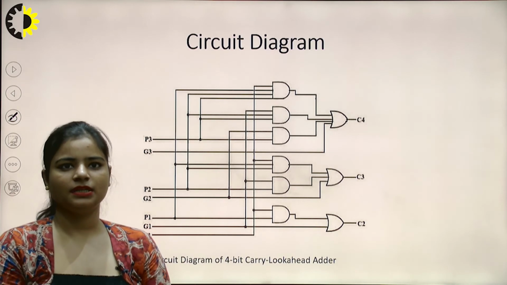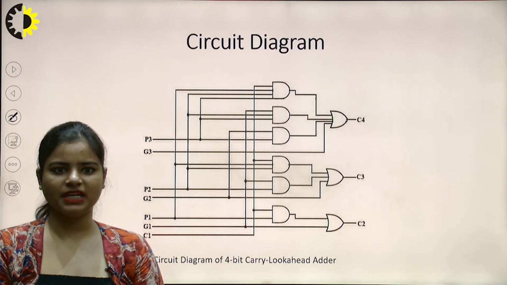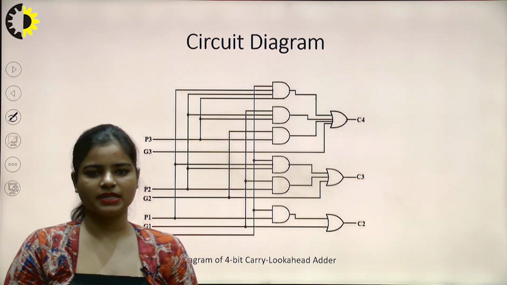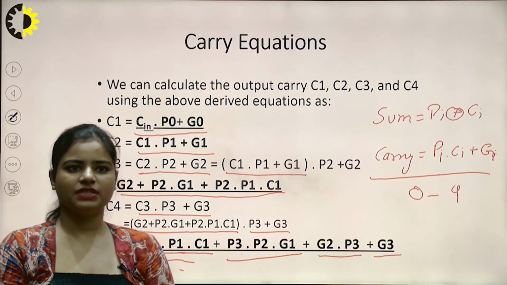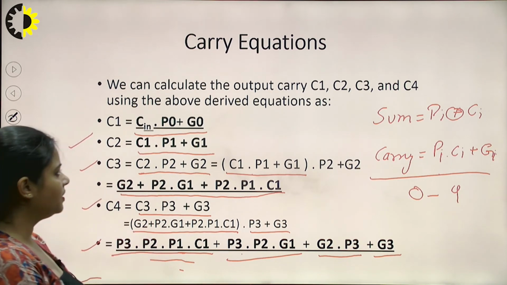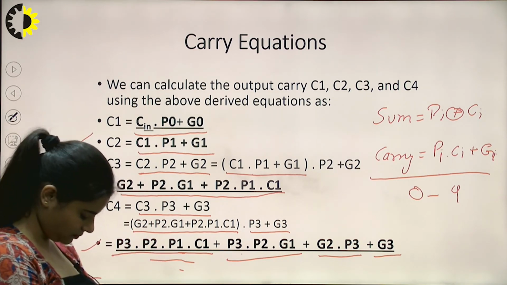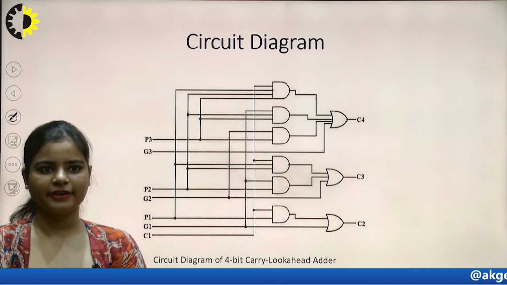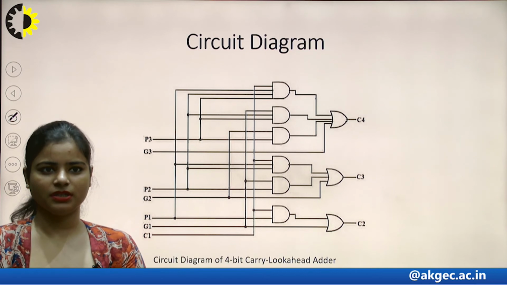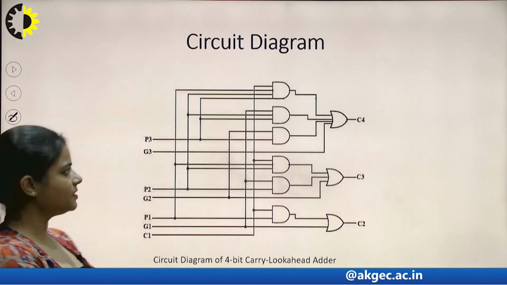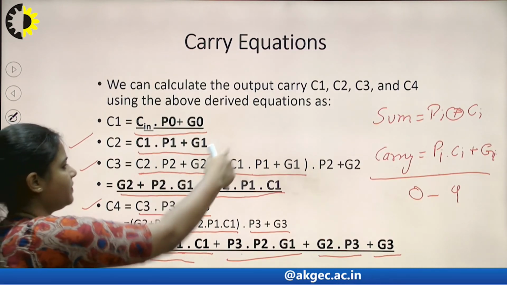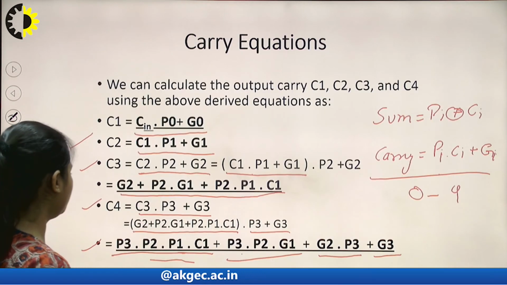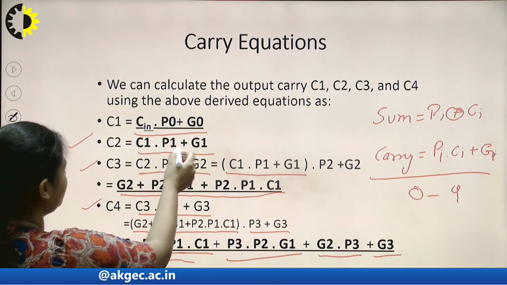Here you can see the circuit diagram of the 4-bit carry look ahead adder. How can we draw this diagram? We just need to understand all these equations, and we can create this particular diagram by using these values. Like you can see here in C2, the value of C2 is C1 dot P1 plus G1.